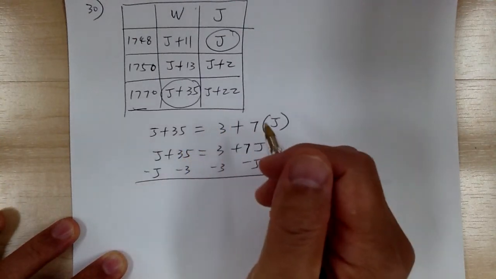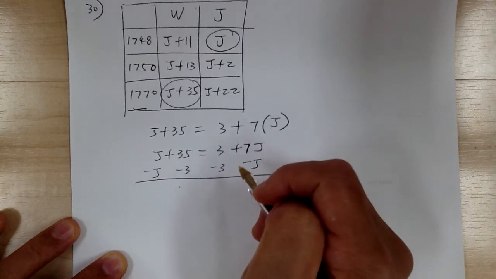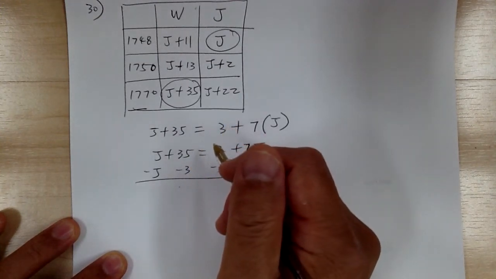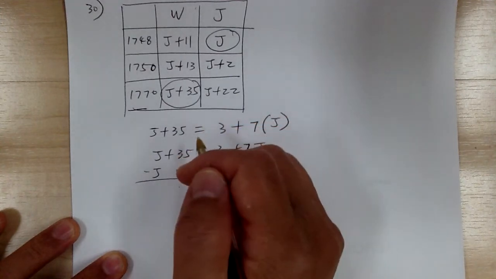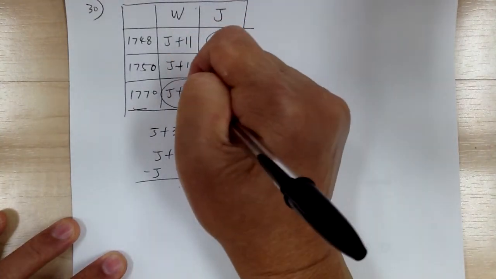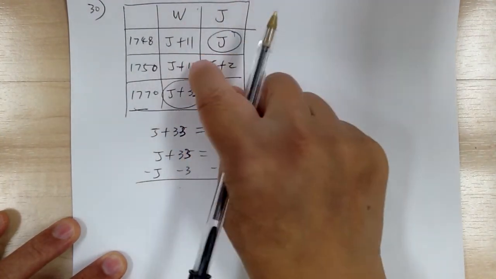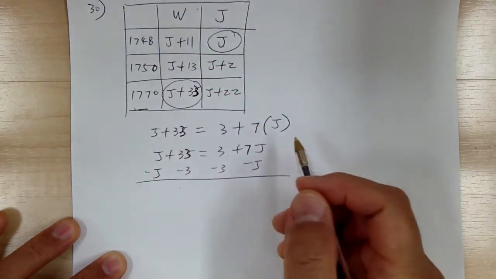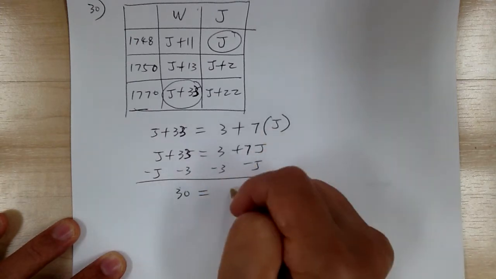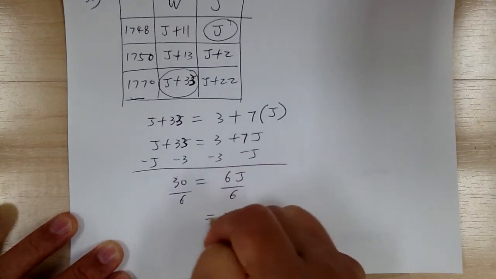Okay, wait, this is 33. So you have to be careful, like 20 plus 13, so you get 33. Okay, so now you're going to get 30 equal to 6J. Divide by 6, so J equal to 5.